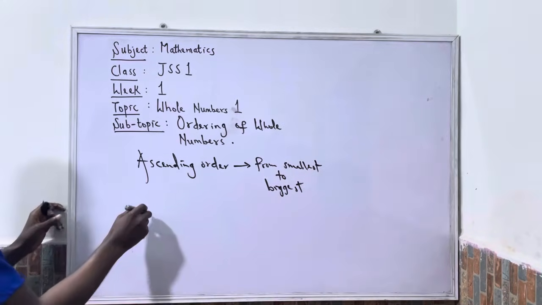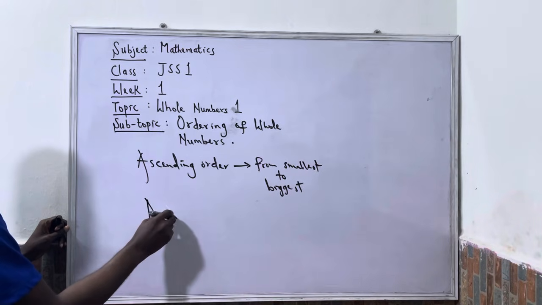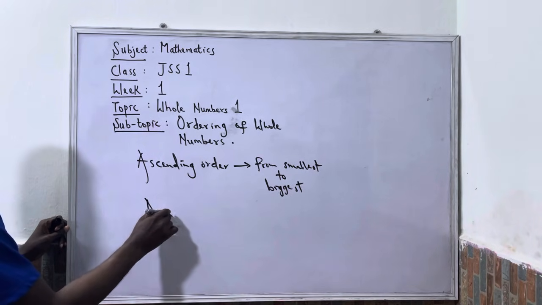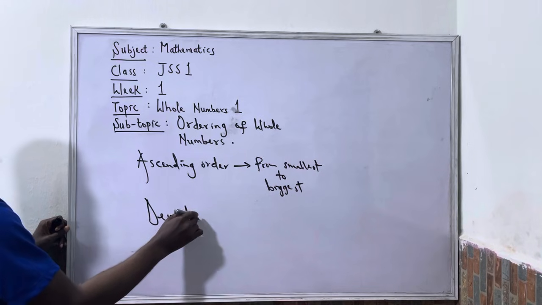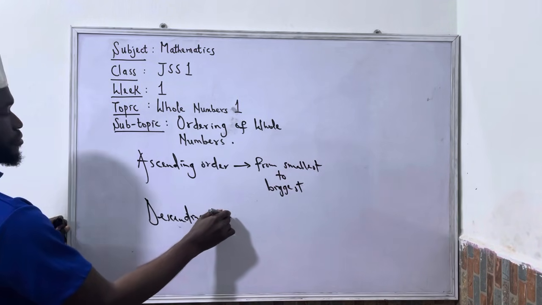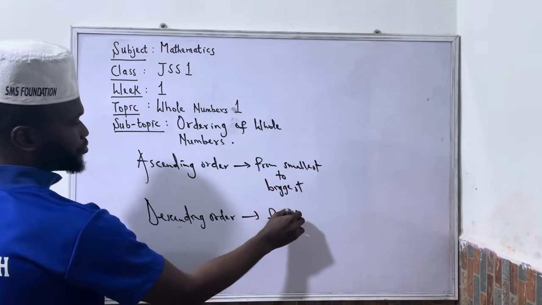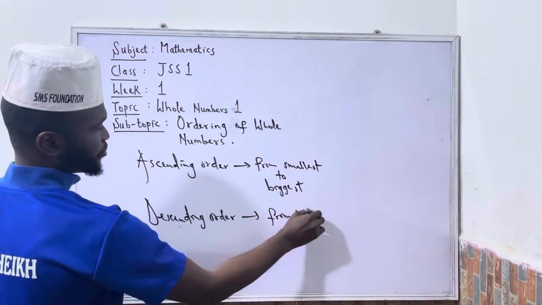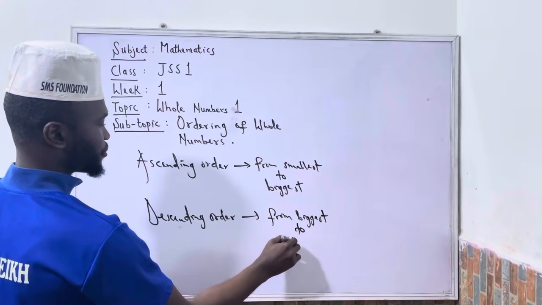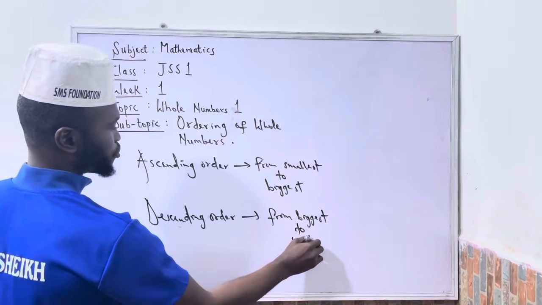Then the other one is descending order. So that will be from biggest to smallest.